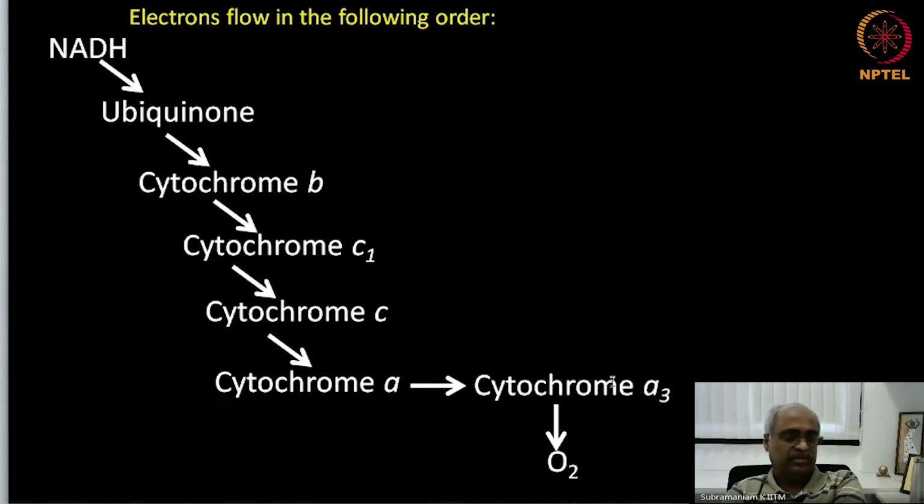One of them is simply comparing the reduction potentials. The electron flows from the lower reduction potential carrier to the higher reduction potential. So purely by knowing the reduction potentials, this series was predicted. And then the second was an experiment where you allow the electron transfer to happen so that all the electron carriers get reduced, but then oxygen is not provided.